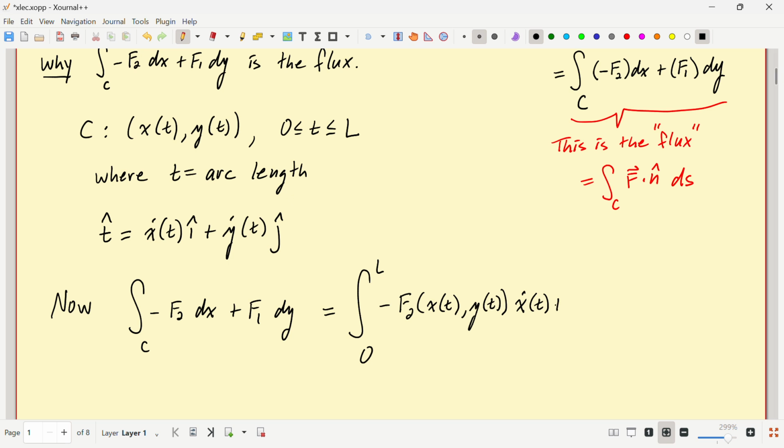And now the f1 is f1 of x of t, y of t, times dy, that stands for y dot of t dt. I'll put the dt at the end, dt for both of them.